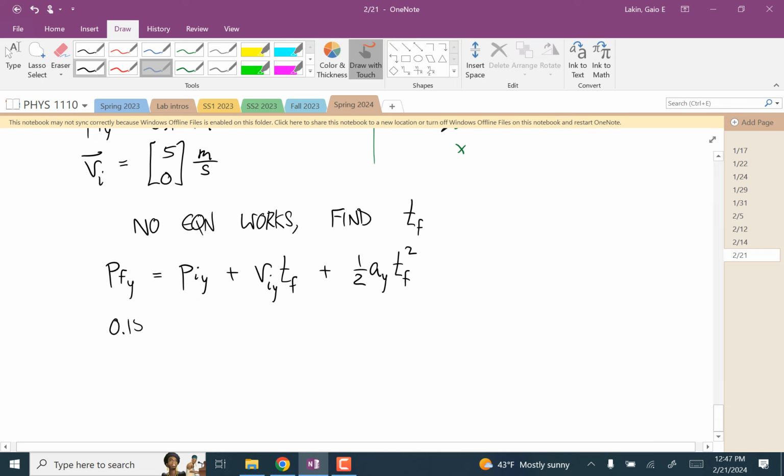So 0.15 is equal to 1 plus, what was VIY? 0, so this second term goes away. And then the third term is minus 4.905 TF squared. I'll rewrite this as 4.905 TF squared is equal to, so I subtracted this from both sides, and now I'm going to subtract 0.15 from both sides.